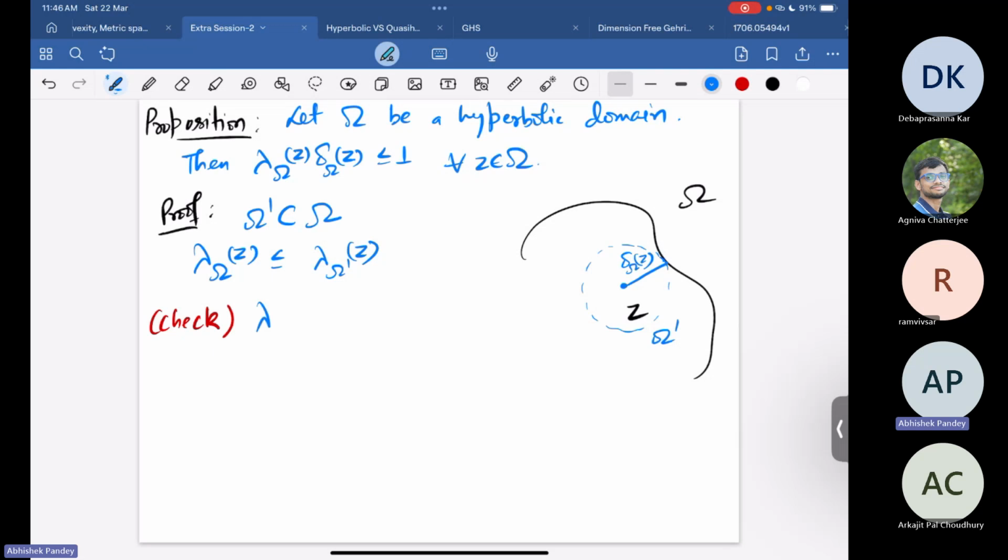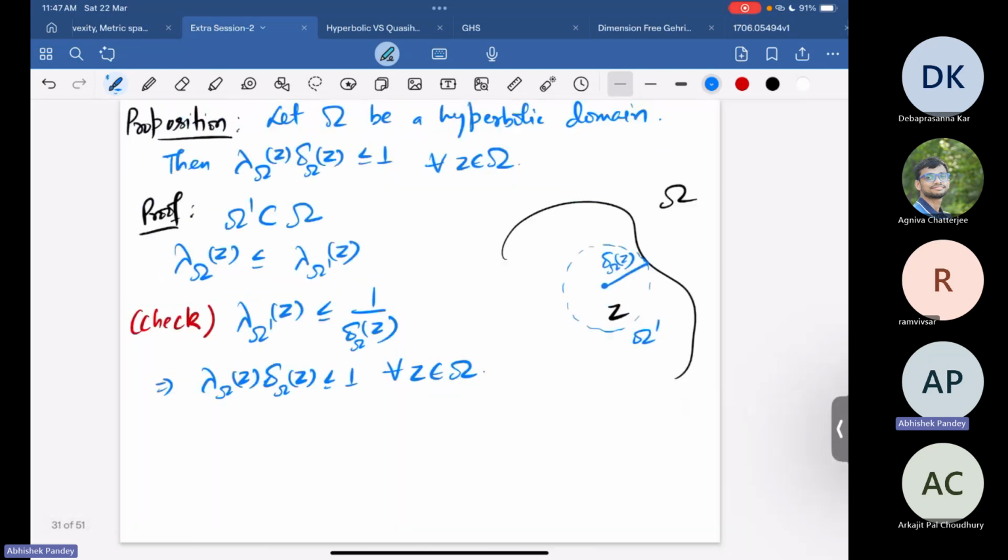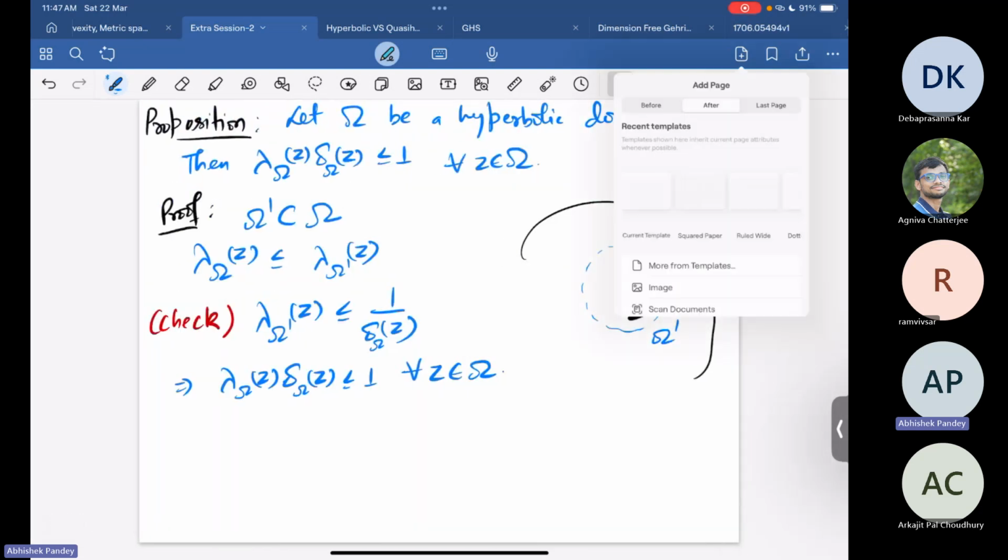There's a general formula for that, and that will give that lambda omega dash is less than or equal to 1 upon delta omega z, and this implies lambda omega z into delta omega z is less than or equal to 1 for every z belonging to omega. Okay, so let me write this as a remark.